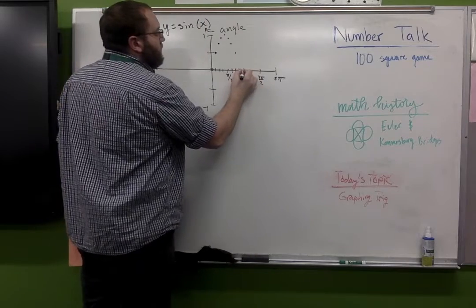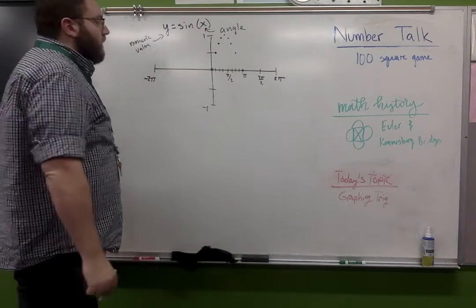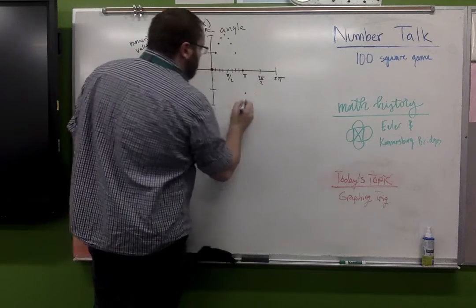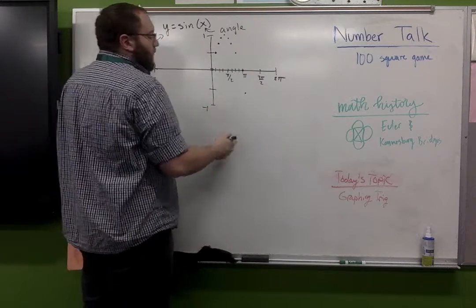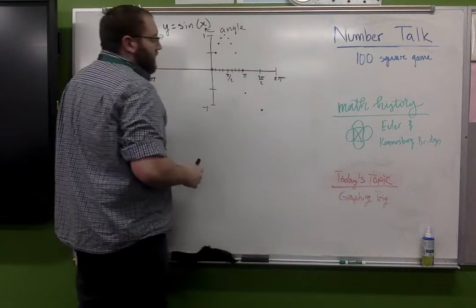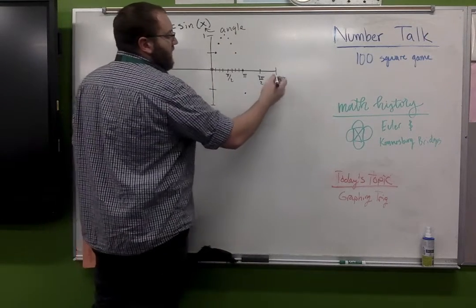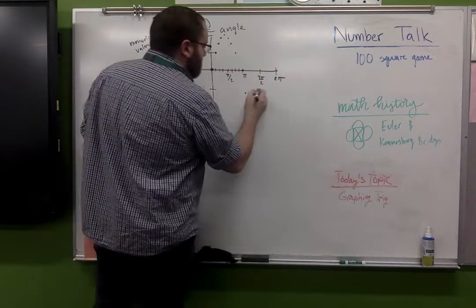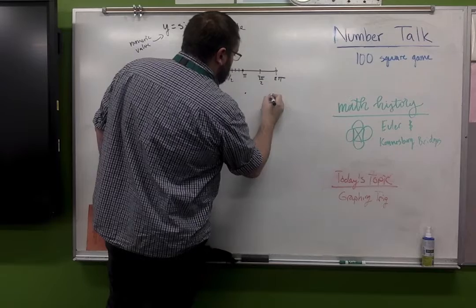Sine of pi is 0. Okay, sine of 7 pi over 6 is negative 1/2. And we'll just skip to sine of 3 pi over 2 is negative 1. And then sine of 2 pi is 0. Right, and sine of 11 pi over 6 is negative 1/2.